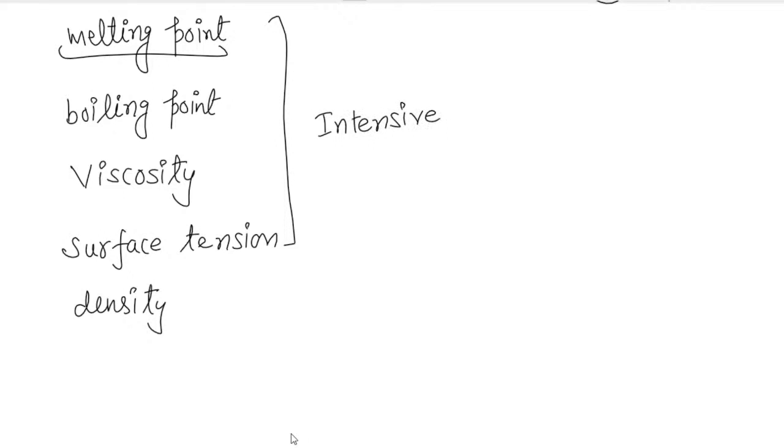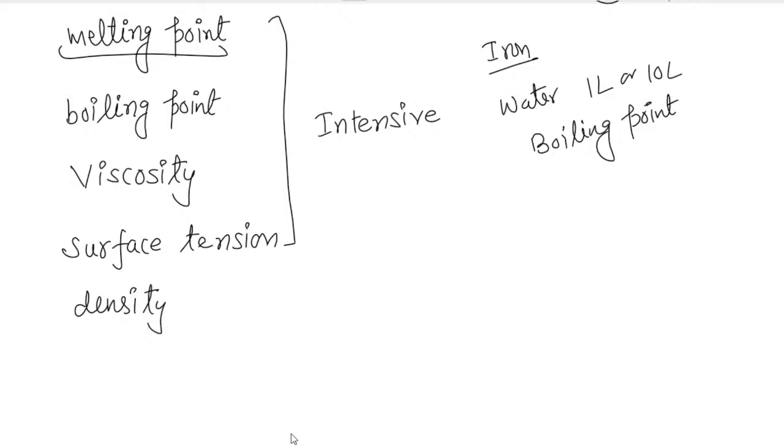Because if we have iron, its melting point is fixed. If we have water, water is 1 liter or 10 liter, its boiling point remains same. Is there any change in boiling point? Boiling point will remain same.